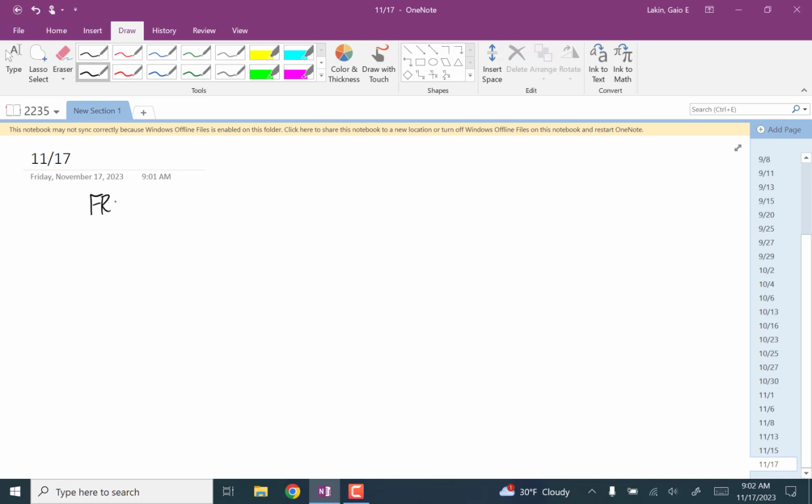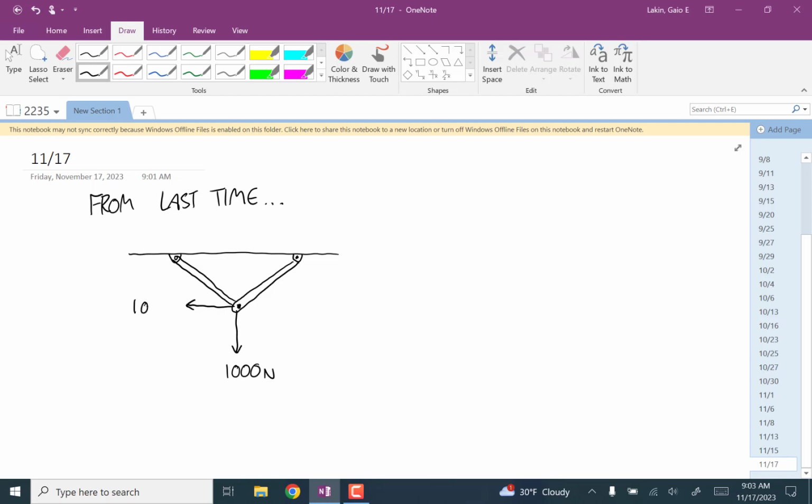So from last time, we had this problem where we have these two pins, and a structure like that, and there's a 1,000 Newton force down and a 1,000 Newton force to the left.